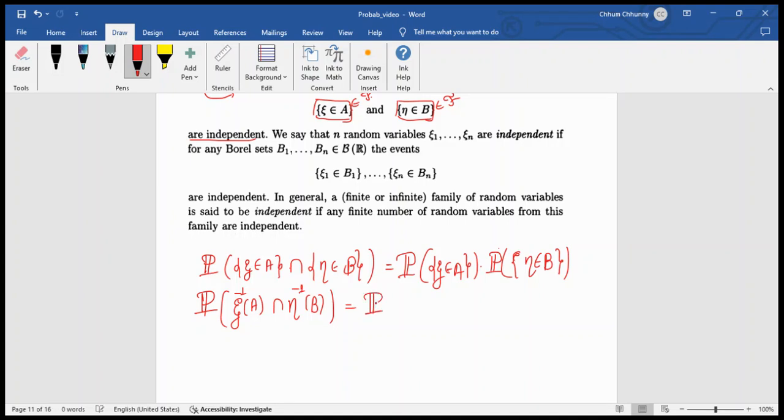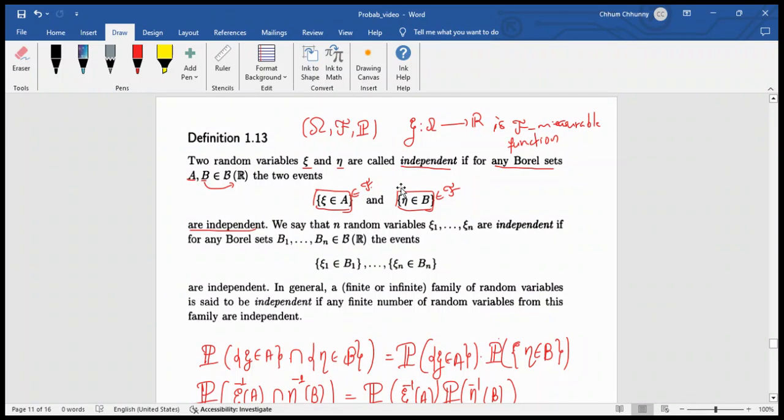And it's equal to the probability of psi minus 1 of A multiplied with the probability of eta minus 1 of B. So what I try to tell you is that from the definition of the random variable and using the definition 1.12 of independent events in a sigma algebra, we can derive the independence of two random variables.